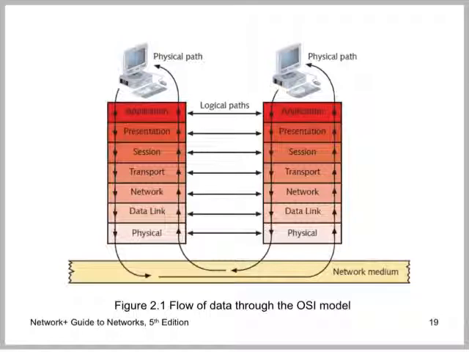It's basically creating layers, and the reason I rushed through the session, transport, network, those three layers that I just mentioned, is that they overlap a lot. What that's doing is converting the data, which might be video, analog, whatever, into binary.